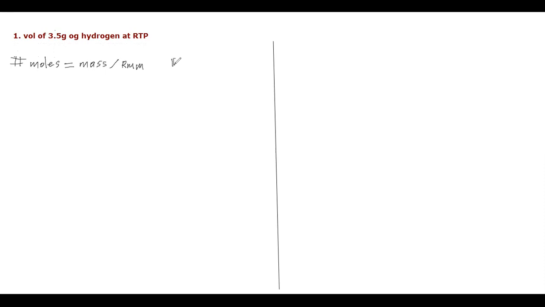Please bear in mind that hydrogen is diatomic. Miss, it's one. No, but it's diatomic. You always have two atoms of hydrogen together. So the RMM of a hydrogen molecule is 2. Oh yeah, yes.